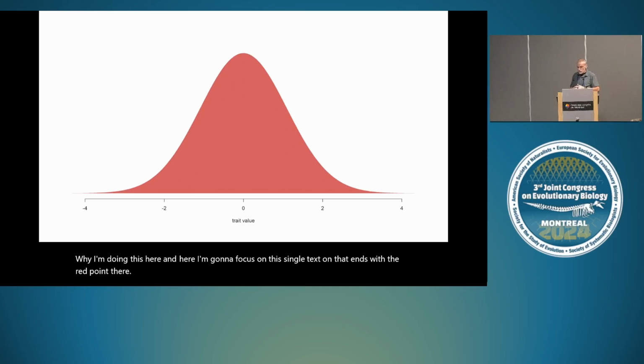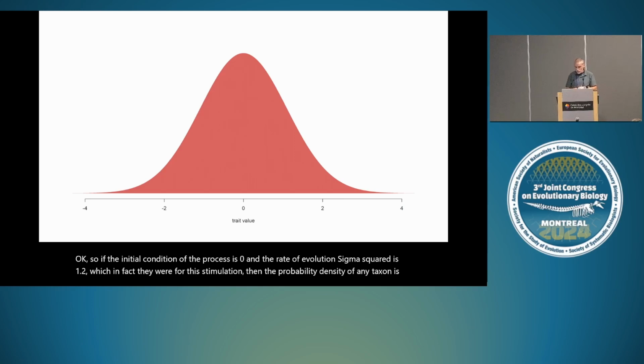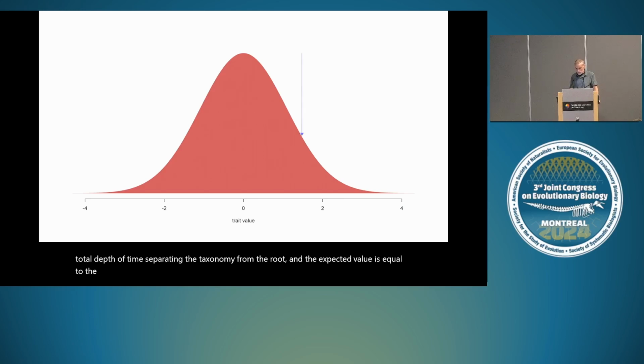If the initial condition of the process is 0 and the rate of evolution sigma squared is 1.2, which they were for this simulation, then the probability density of any taxon is normal, with a variance equal to sigma squared multiplied by the total depth of time separating the taxon from the root, and the expected value is equal to the root state.